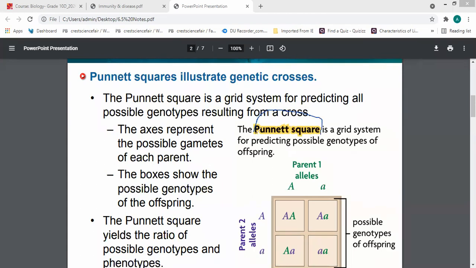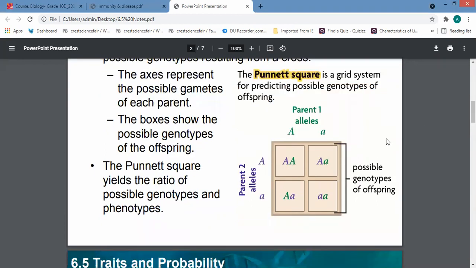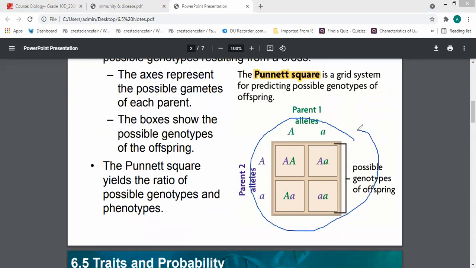The Punnett square, this one, helps you predict the possible genotype of the offspring, as you can see. Capital A is the first parent, second parent, small a. So the possible genotype from this one inherited just A, and this one inherited just small a.